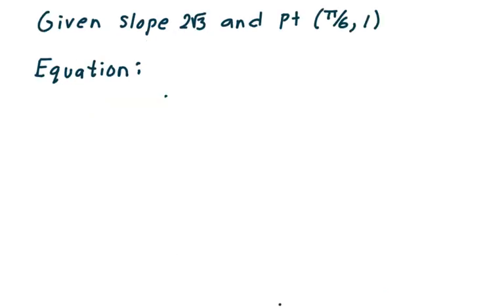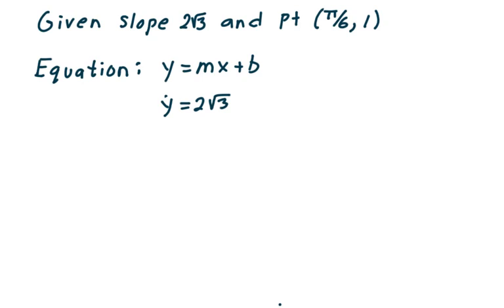So we are given the slope 2 square root of 3 and the point pi over 6, 1. Now we can find the equation, but we know y equals mx plus b. Now the slope is 2 times the square root of 3.